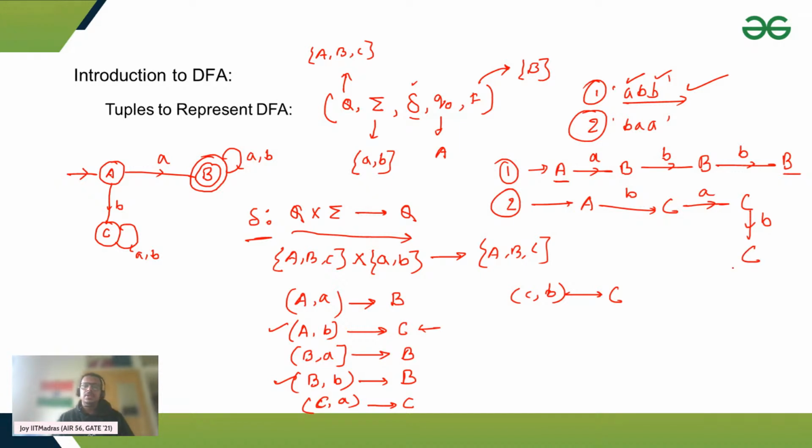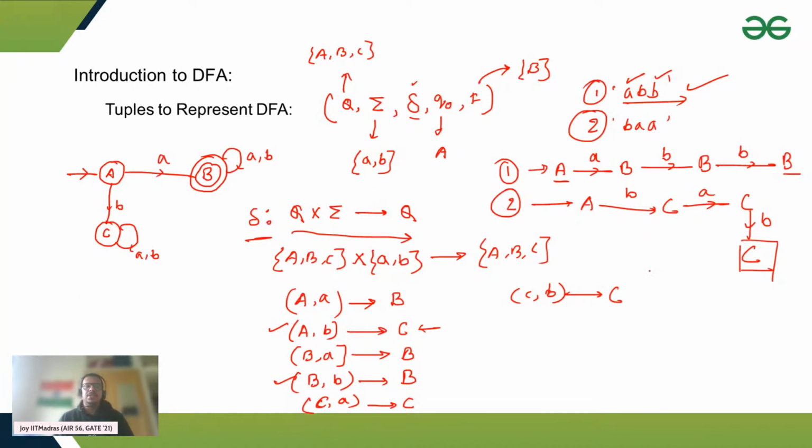Correct. So you can see that upon scanning the whole string, we are going to state C, which is not a final state, right? So if this is not a final state, then what can we say? We can tell that starting with the initial state, upon scanning the whole string, we are not reaching the final state.